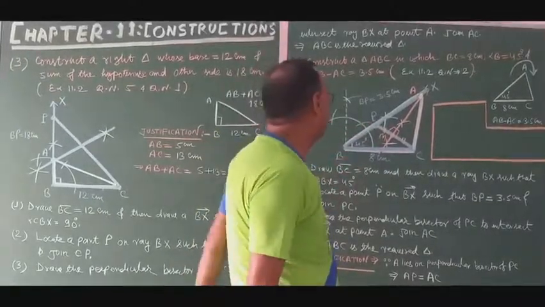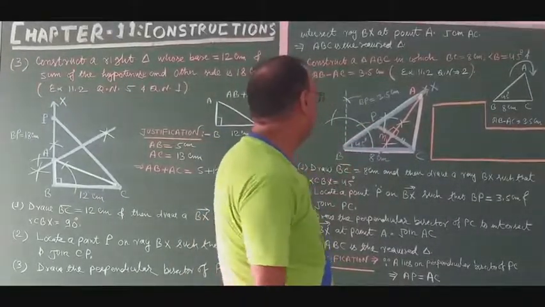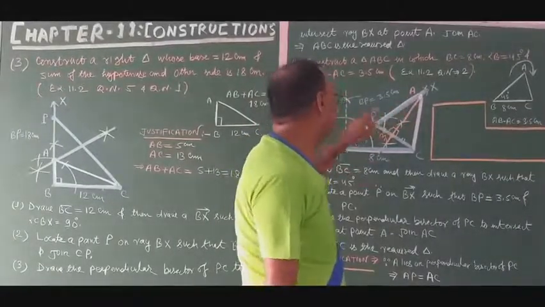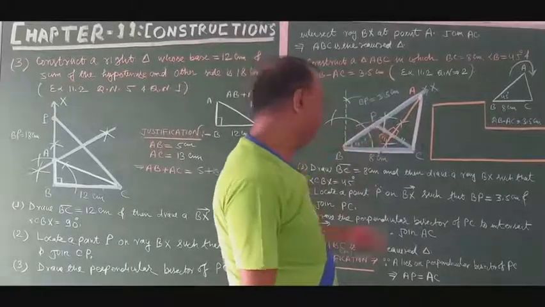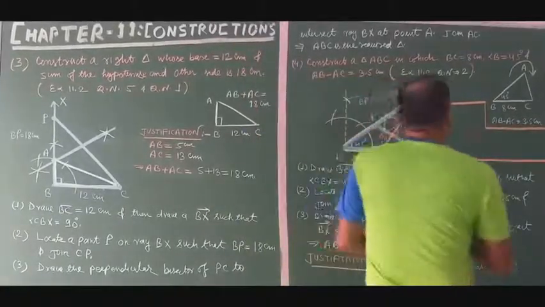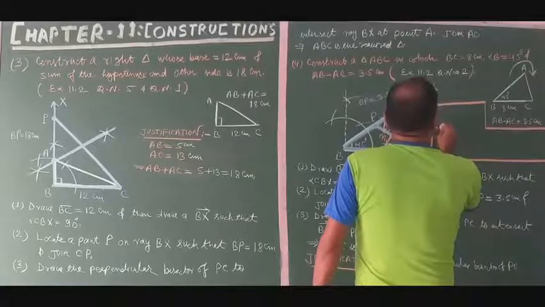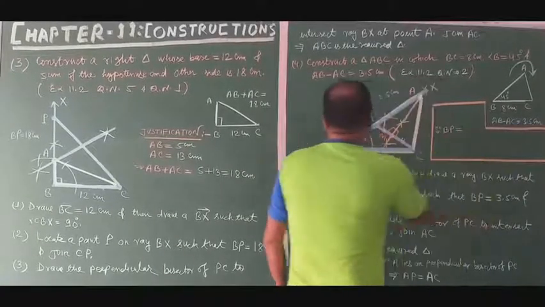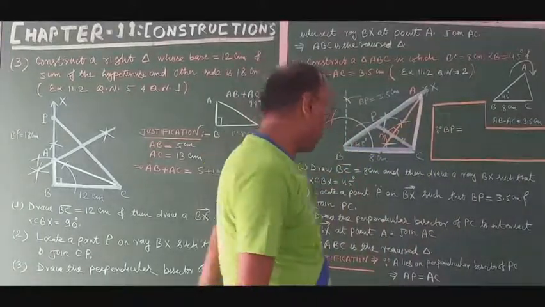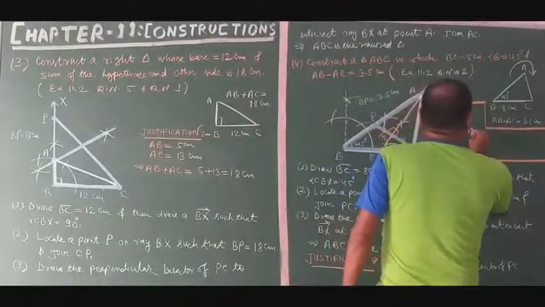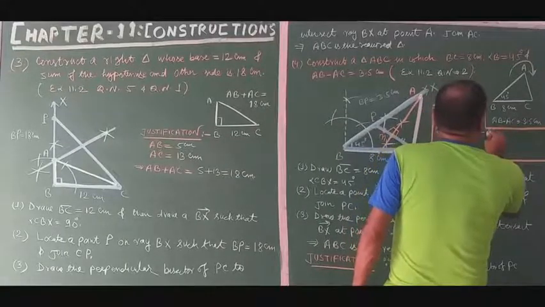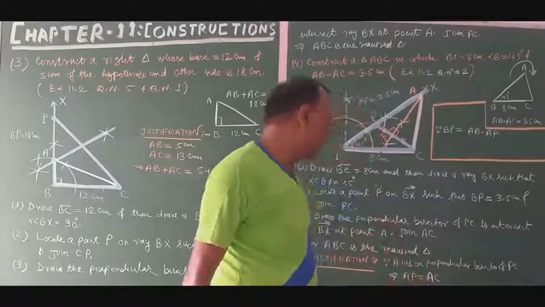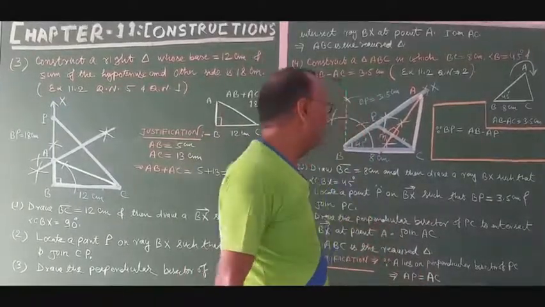BP is AB minus AP. And what is AP? AP is AC.